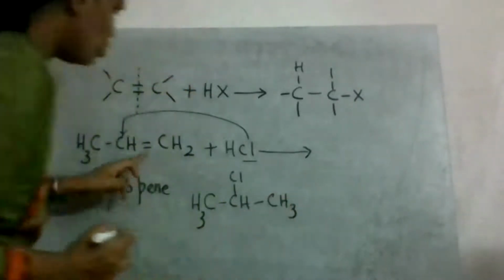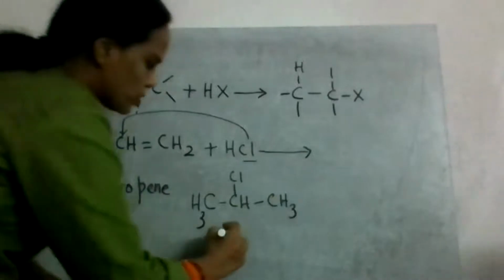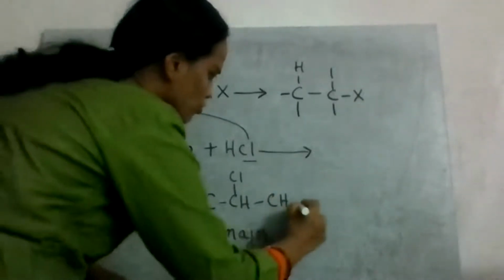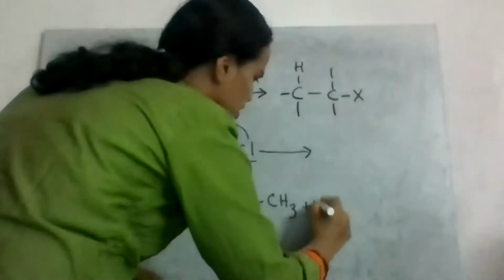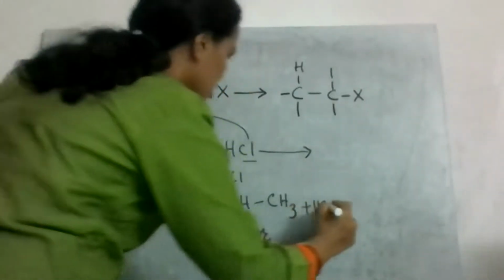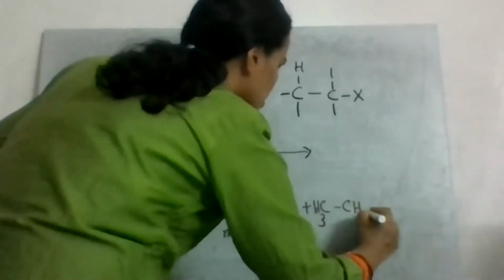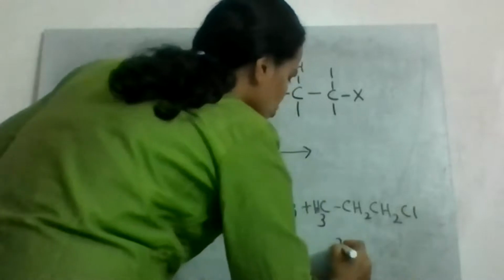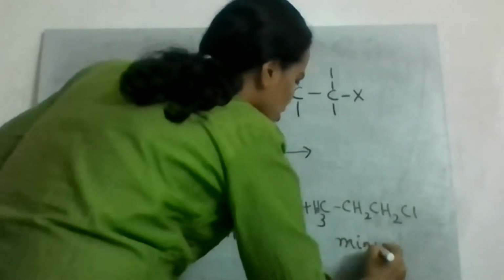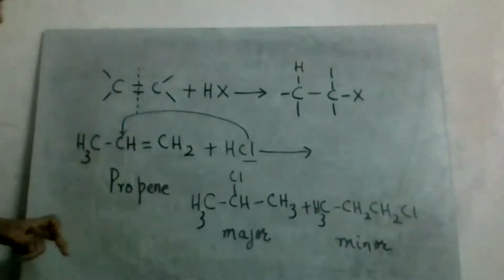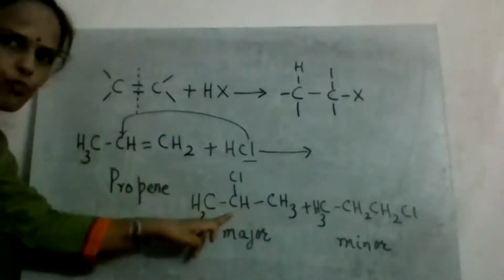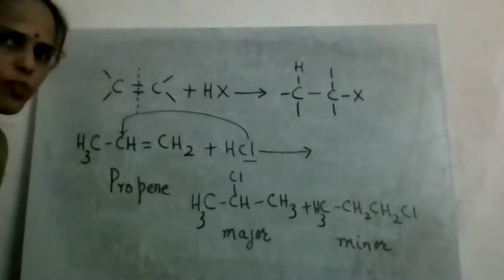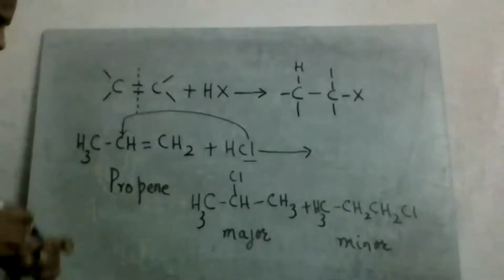So it is 2-chloropropane that is formed in major amount, and a minor product will also be formed, but in very less amount, CH3, CH2, CH2, Cl. That is 1-chloropropane, formed in minor amount.